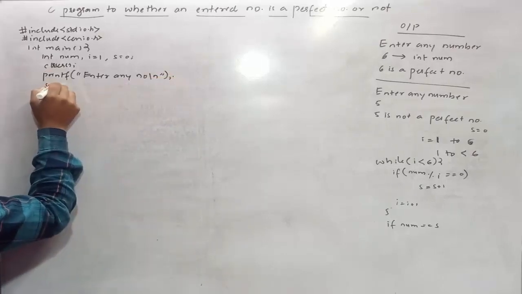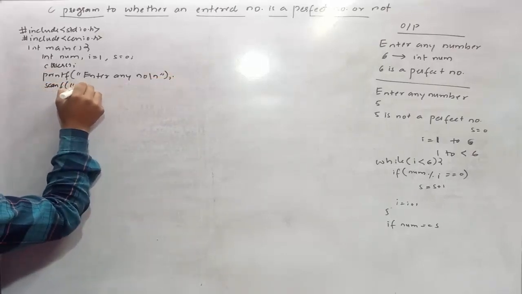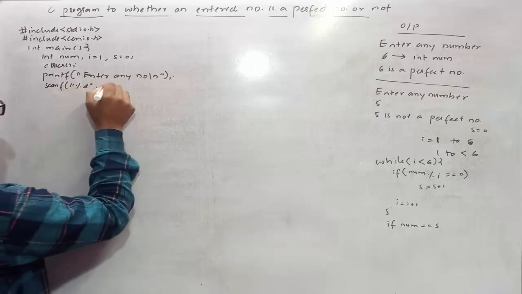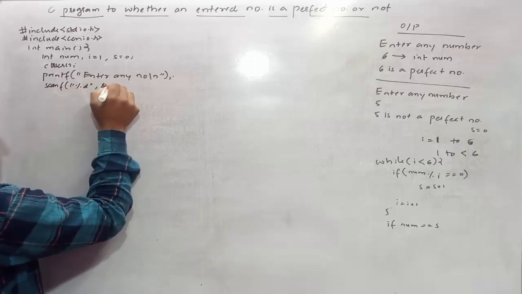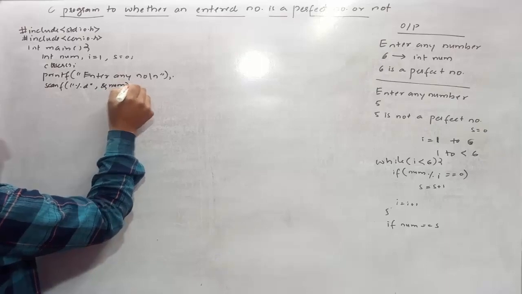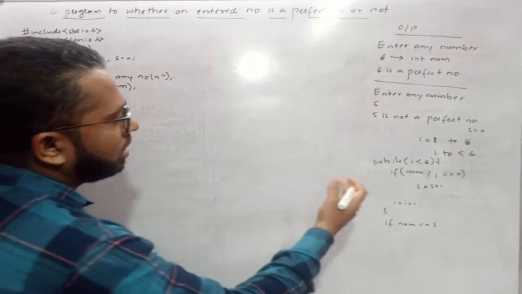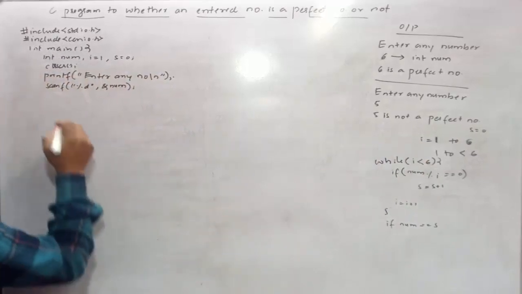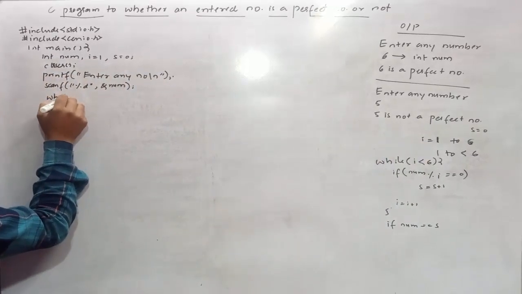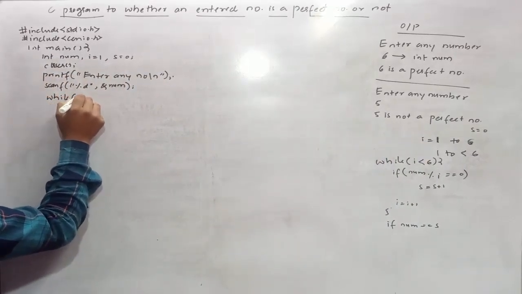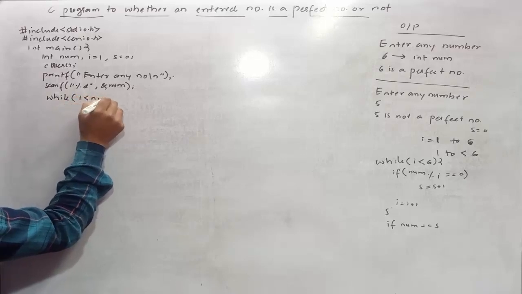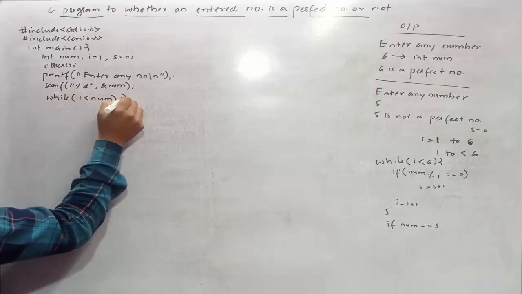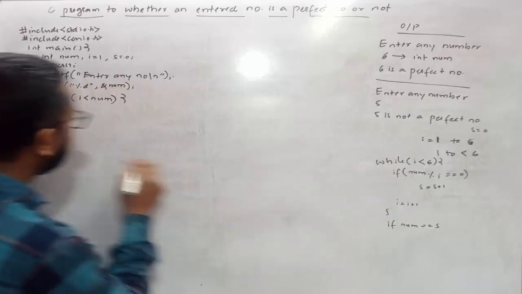Then scanf, %d, and then ampersand num. Next, as I told you in this logic, I need to start a while loop with the condition i is less than num. Then I need to check this condition.